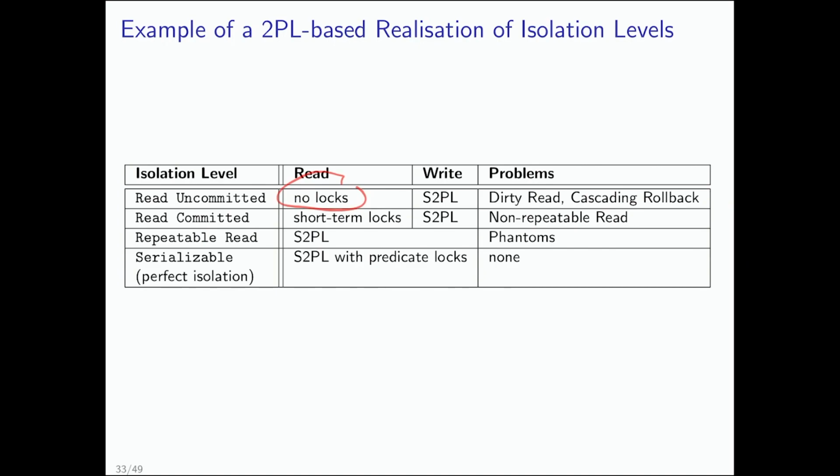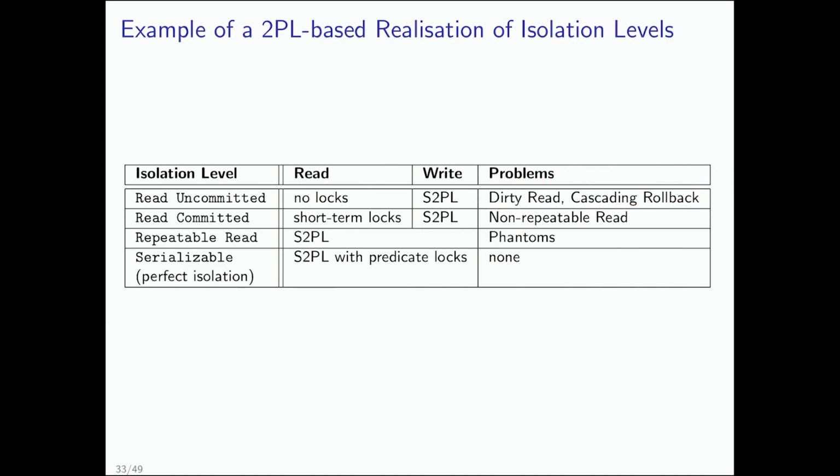You just read without waiting for a lock. And that's actually okay in databases if you want to do fast browsing of data and you know it doesn't matter whether what I'm reading is super correct. It's like browsing the web, then maybe that's a good thing. But you still have all of these problems.